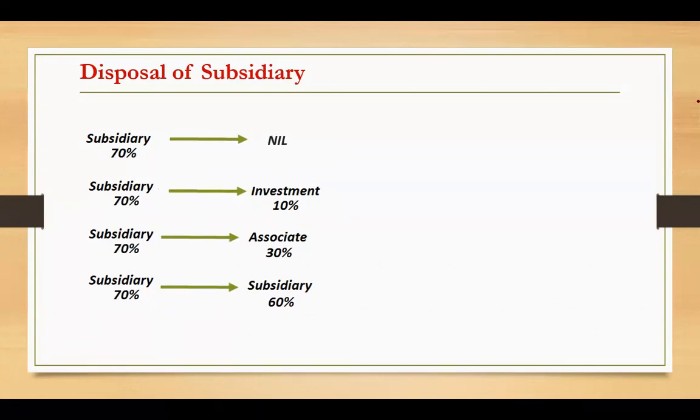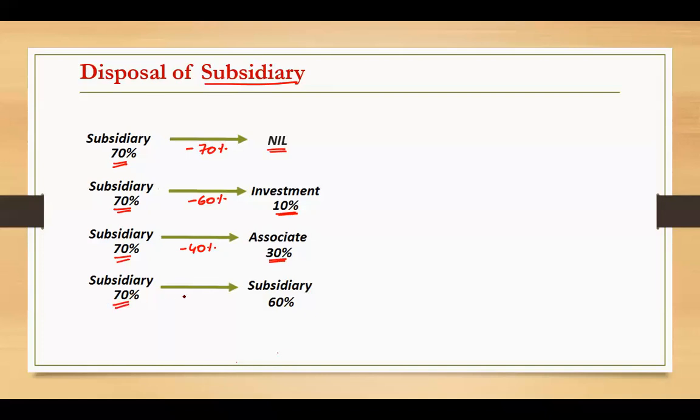So in case of disposal of subsidiary, what do we do? Let's say first case, we had a 70% owned subsidiary and we disposed of entire 70% holding and now our new holding is 0. This is the first case that we are going to discuss. In the second case, we had 70% holding, we disposed of 60% of that and now we are left with only 10% of the holding. In third case, we had 70% holding, we disposed of 40% and now we are left with an associate of 30%.